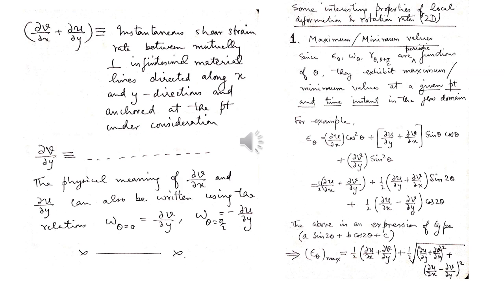So if they are periodic, they will exhibit maximum and minimum values at a given point and a given time instant in the flow domain.